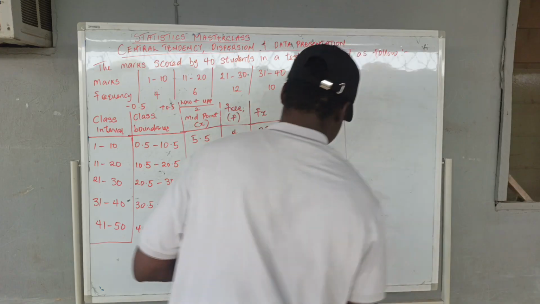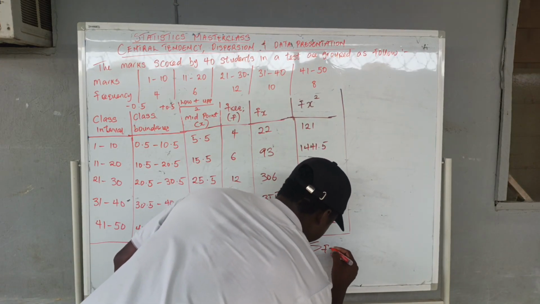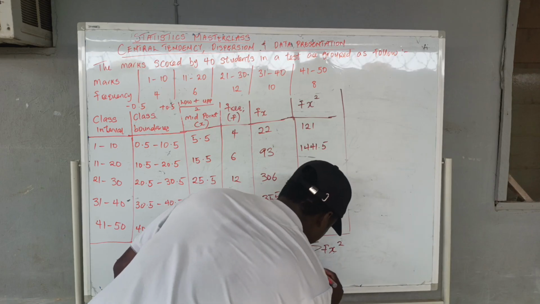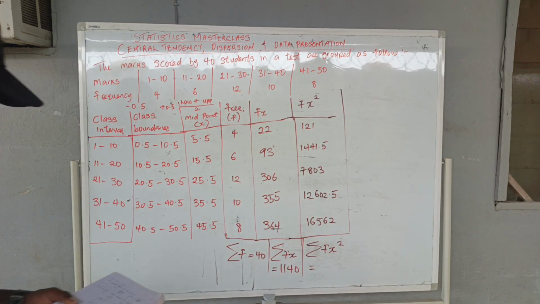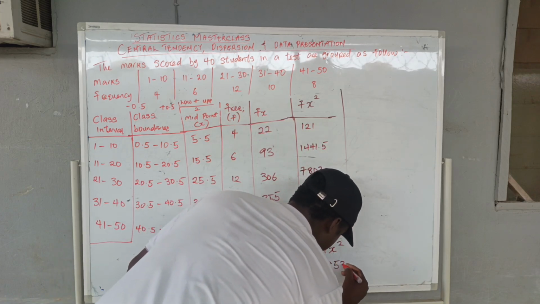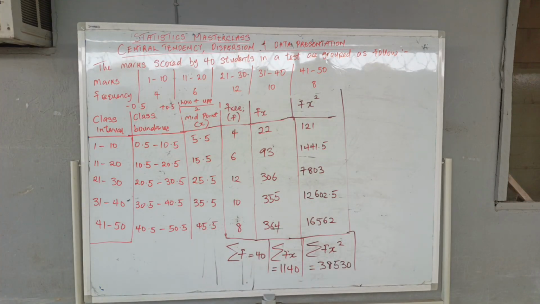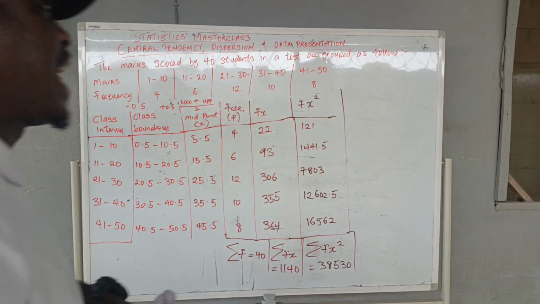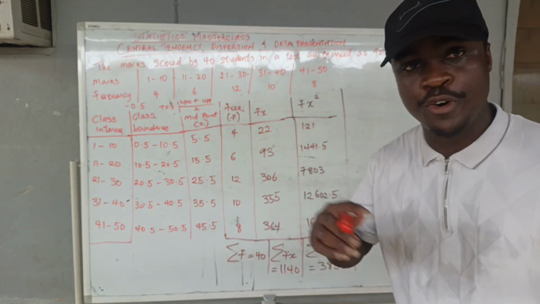So by adding everything in this column, we are going to have our summation of fx squared. And our summation of fx squared is going to give us 38,530.